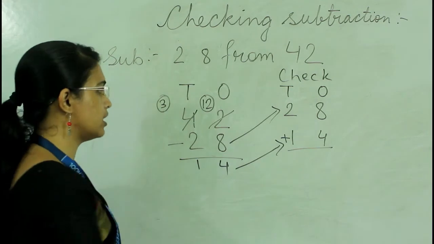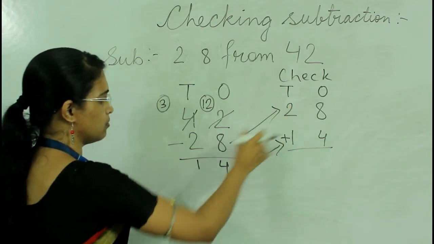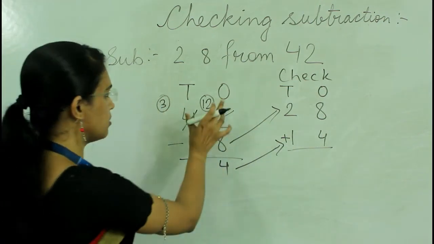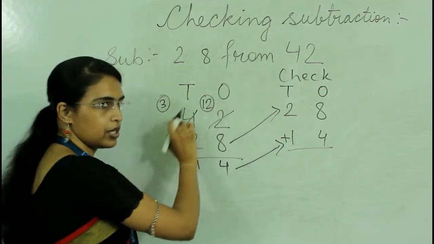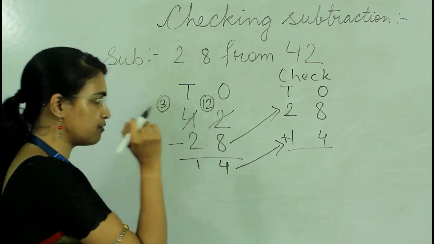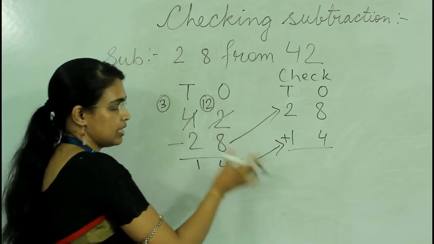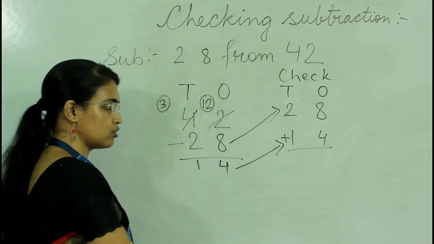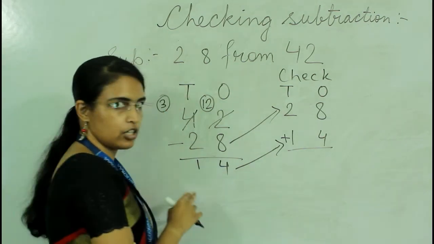We have to check whether after adding these numbers, the top number of the subtraction will come or not. If that number comes, that means the answer is correct. But if it does not, then the subtraction is wrong.